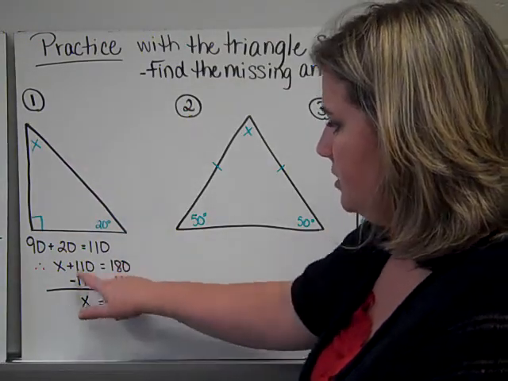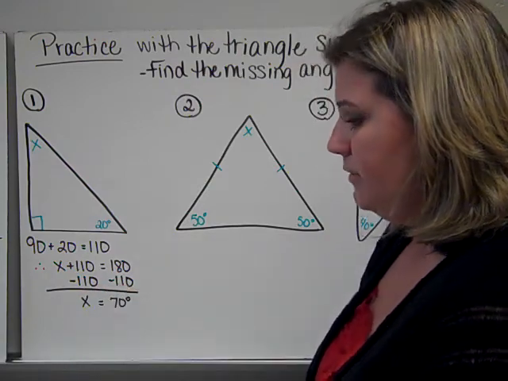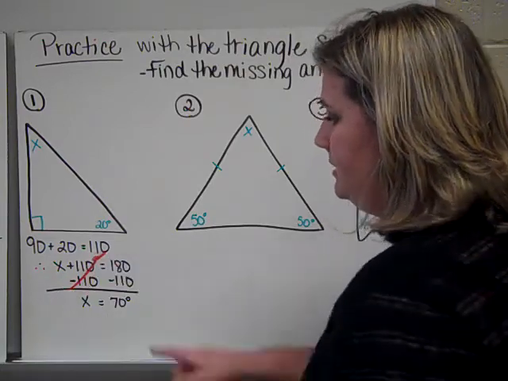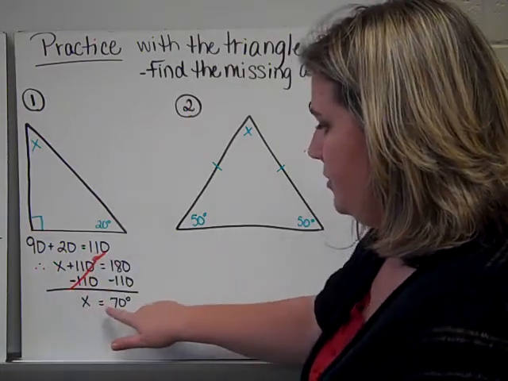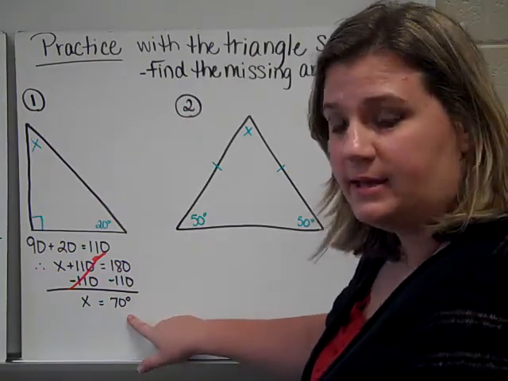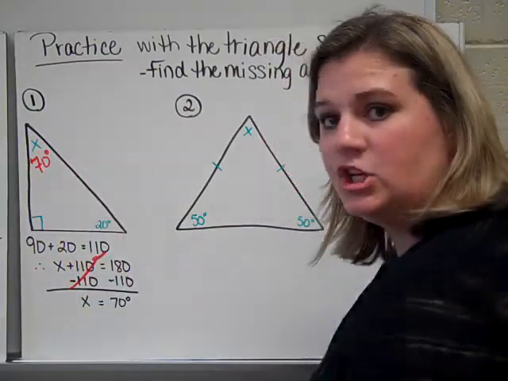To solve for X, we subtract 110 from both sides. Then that goes to 0. So X equals 70 degrees, and I know that this angle is 70 degrees.